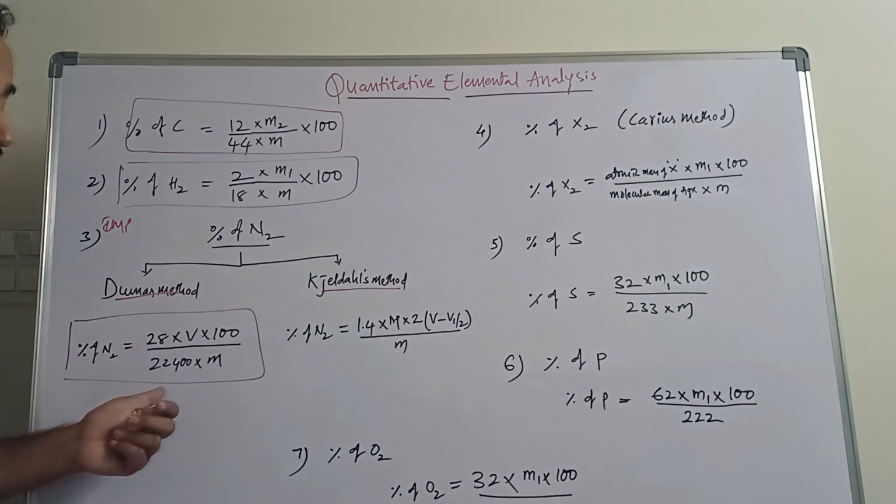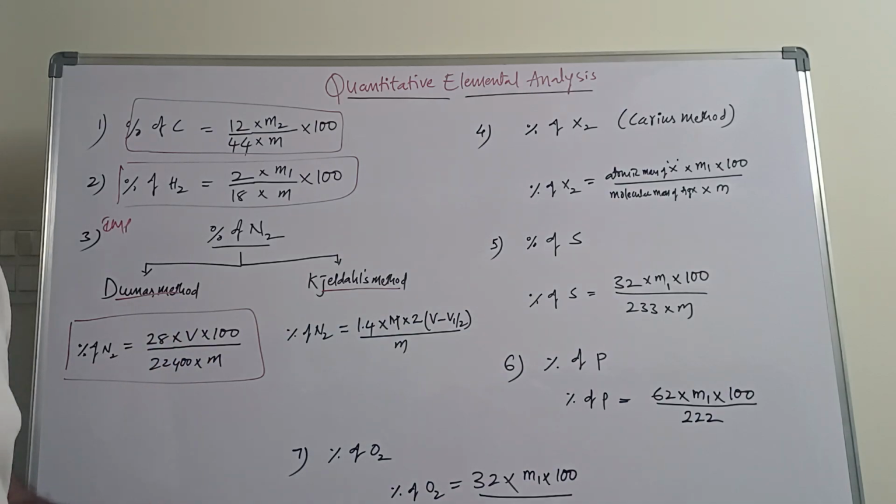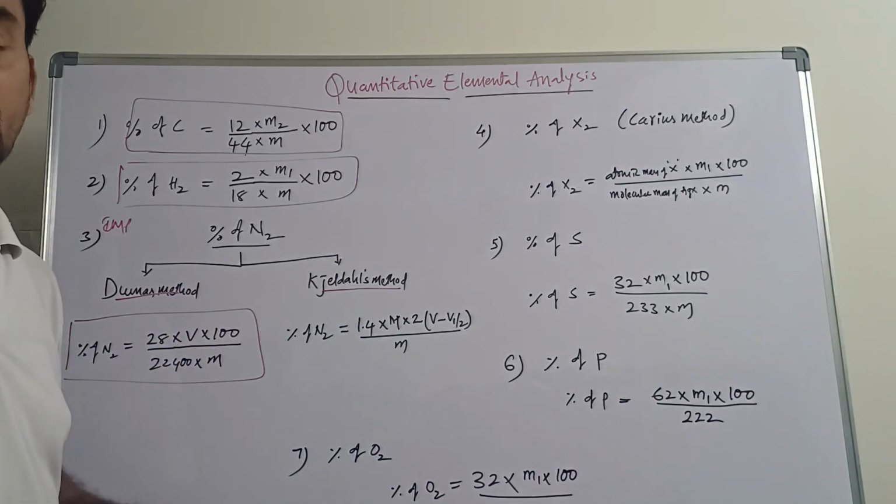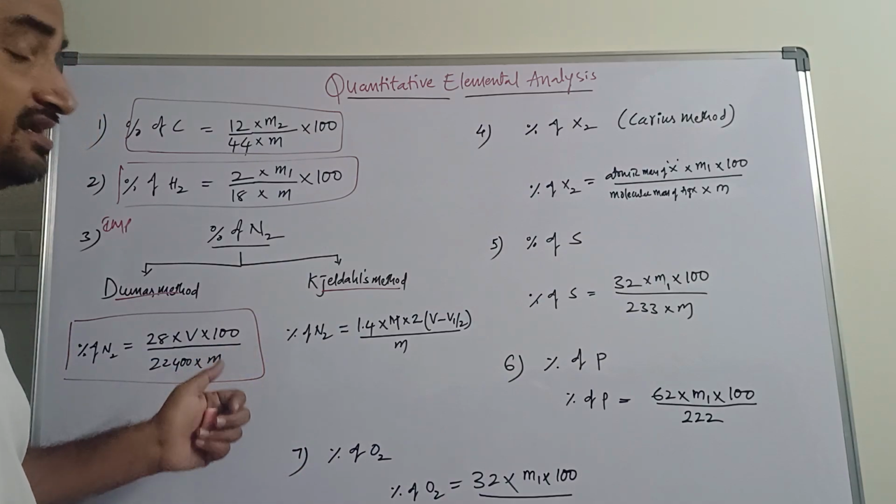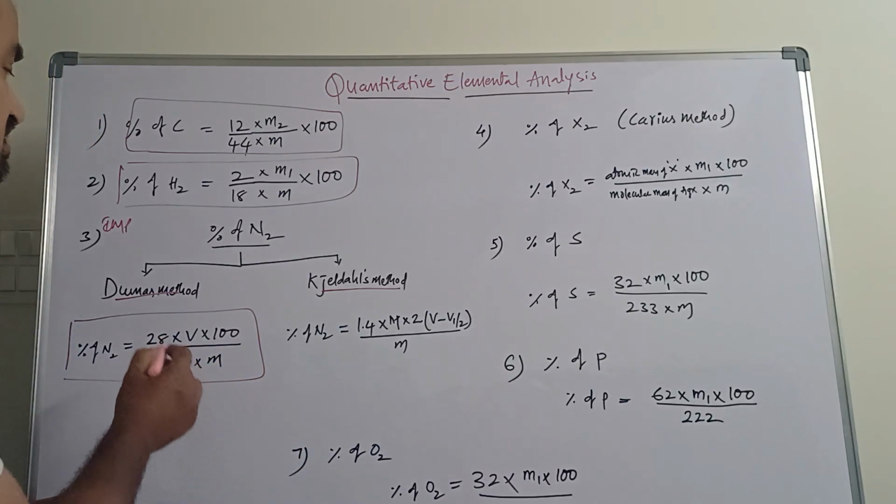Because one mole of any gas occupies 22,400 milliliters of volume. Okay, this is the Dumas method.